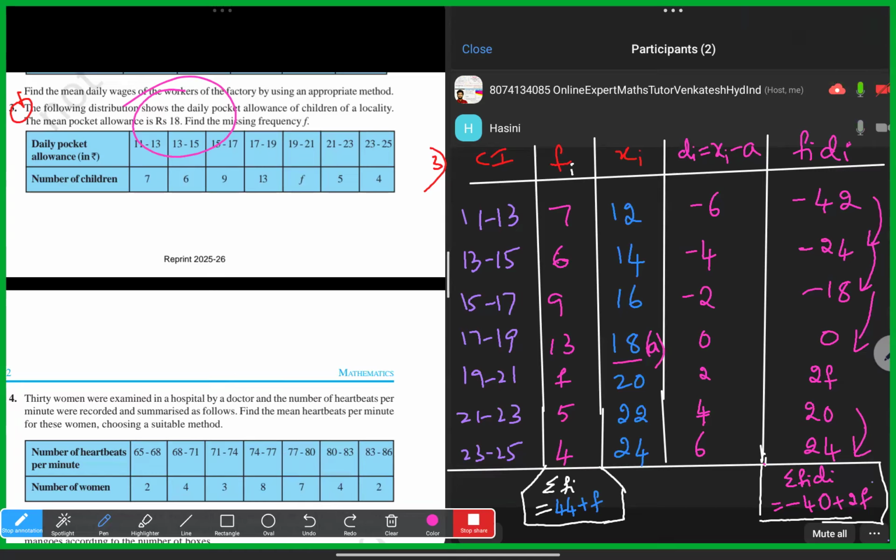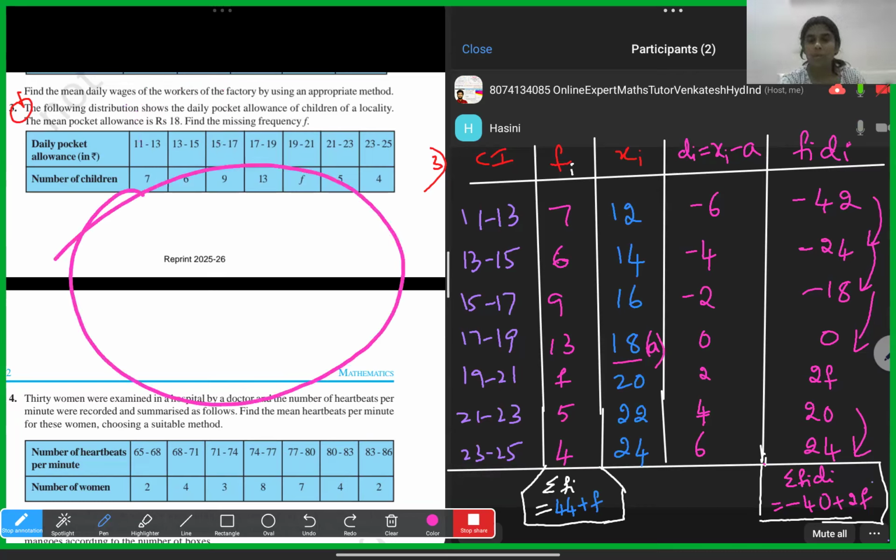Okay. So I'll write these values here, Hasni. Sigma fi di. Shall I do it here, Hasni, in this space? Yes, sir.